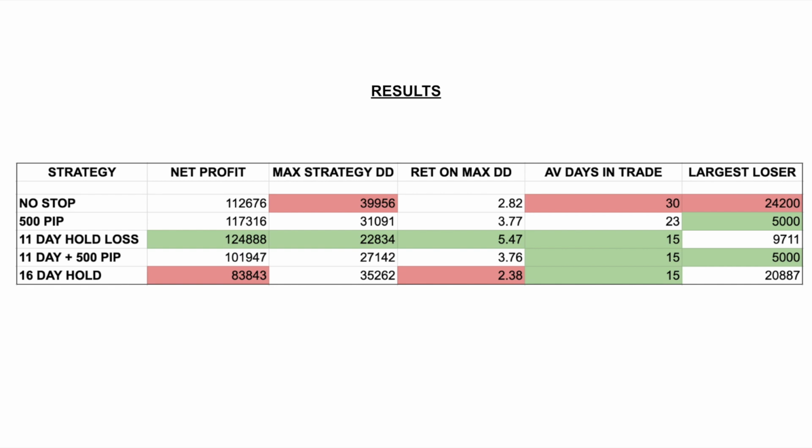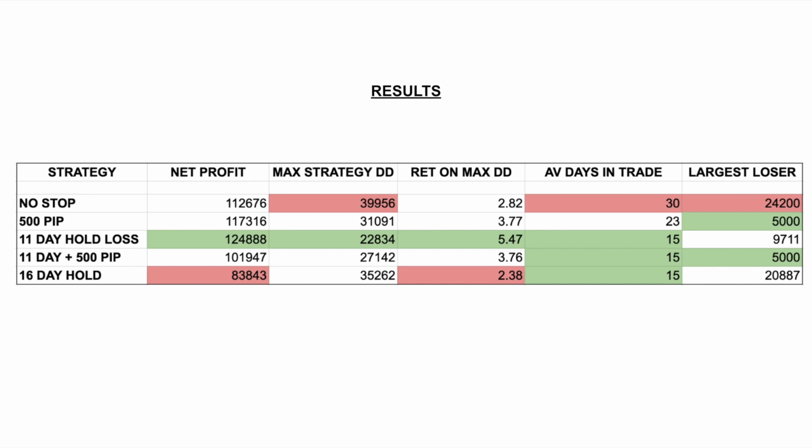I ran an optimization on the timed exit if showing a loss, and we found that 11 days was stable, pretty good. Then we've got an 11-day hold if showing a loss plus the 500 pip stop loss as a kind of fail safe. And then we've got our timed exit, which is 16 days. So we exit after 16 days, whether we're in profit or a loss.